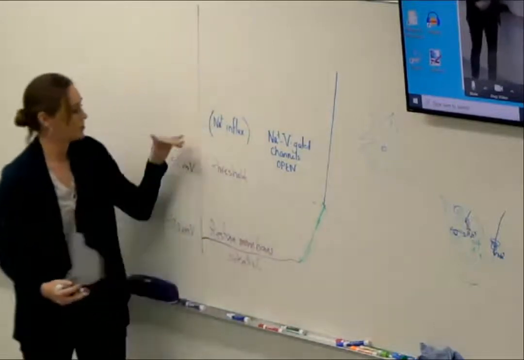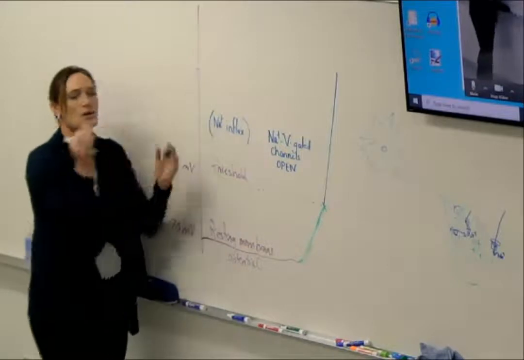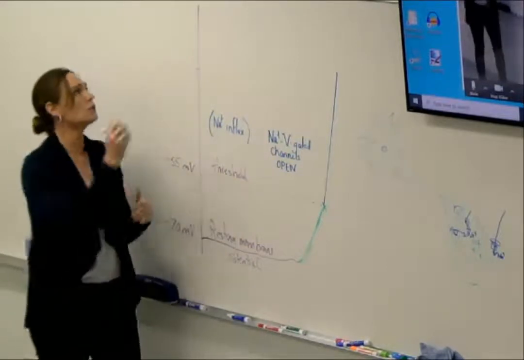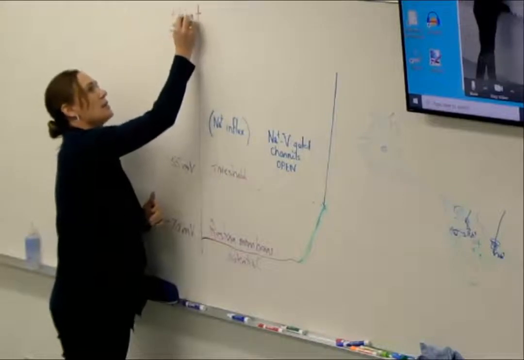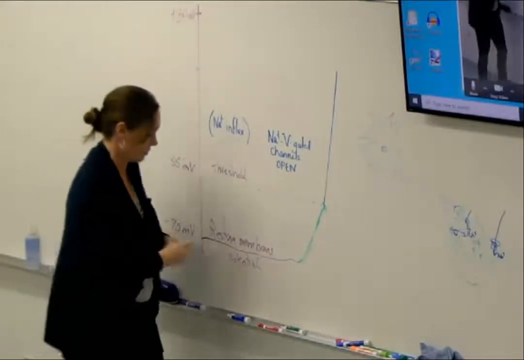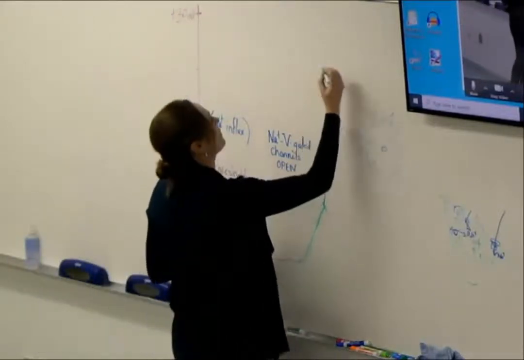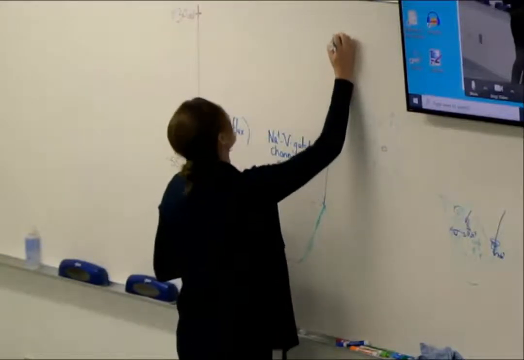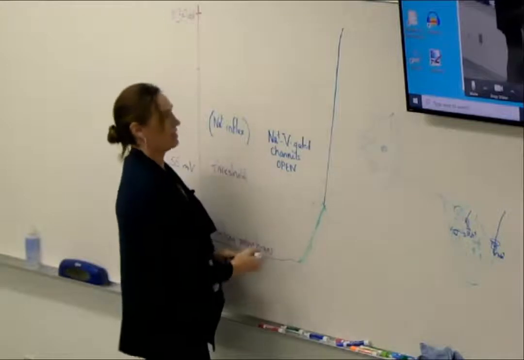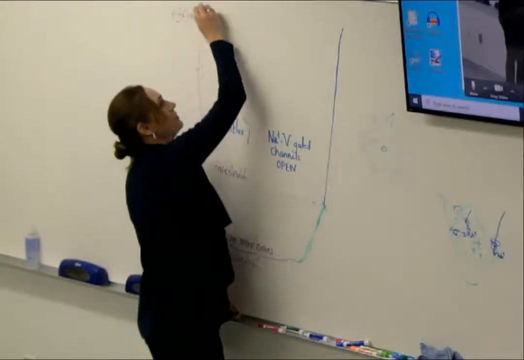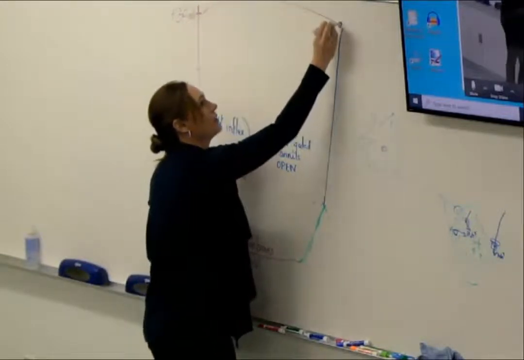Eventually the voltage gets up, we pass 0, those gates start to close, and it gets completely closed at plus 30 millivolts, where the peak of this rise occurs. And at plus 30 millivolts, we'll draw an arrow.